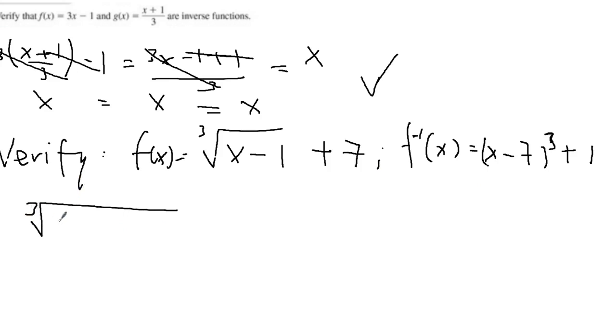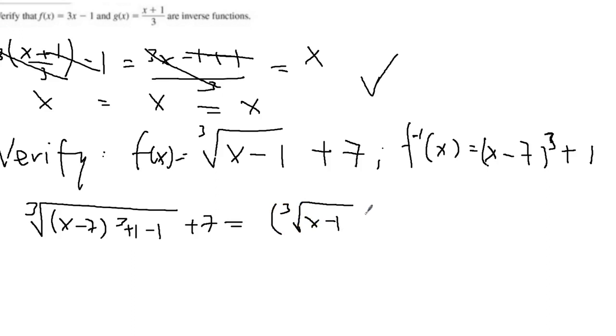The cube root of ((x minus 7) cubed plus 1 minus 1) plus 7 is equal to the cube root of (x minus 1) minus 7 cubed plus 1, which should equal x.